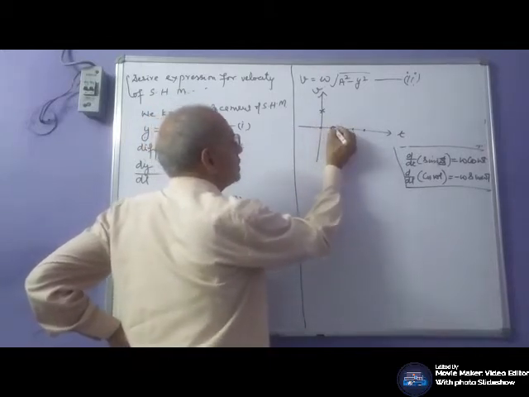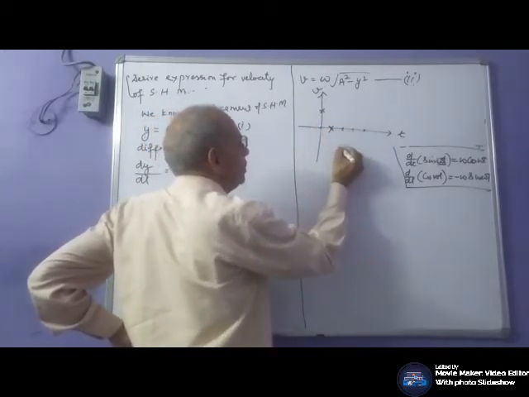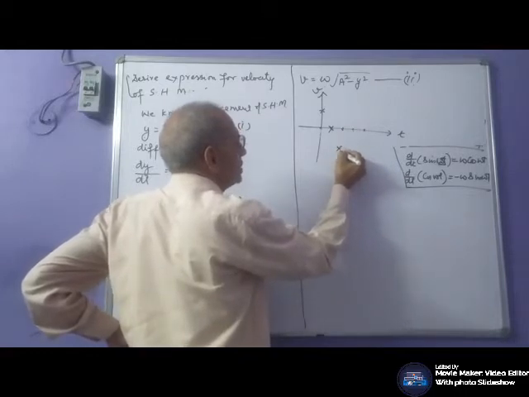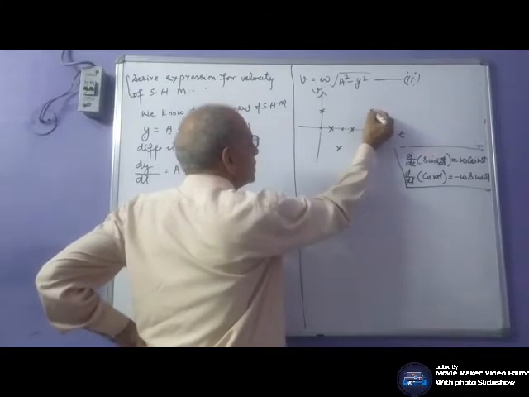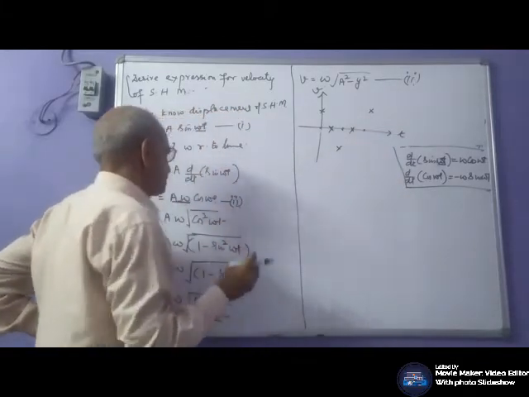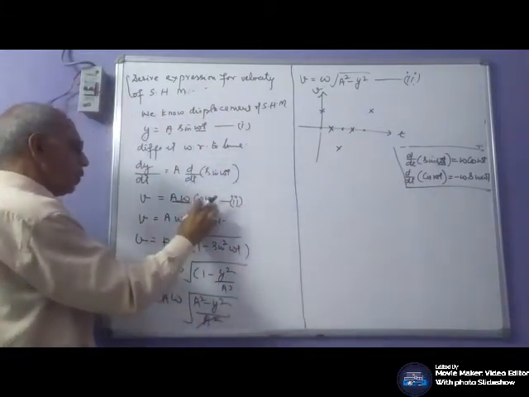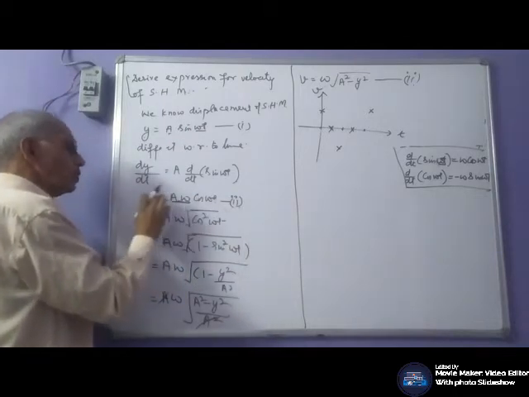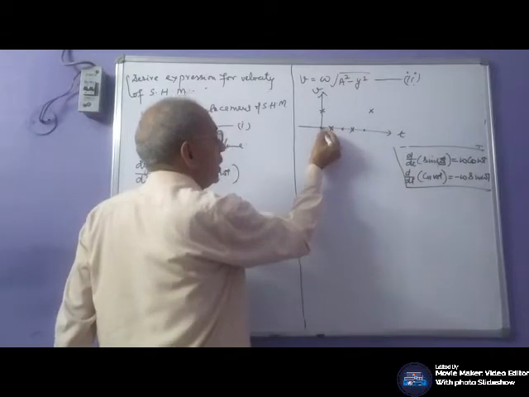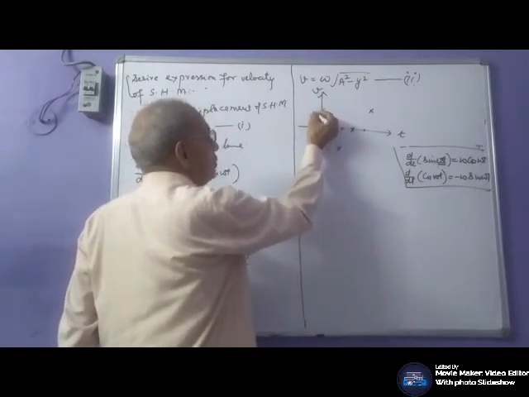This point is maximum, then 0, then maximum but in the opposite direction, then 0, then maximum. Again at time 0, cos 0 is 1, the velocity is A omega. So at 0 time, the velocity is maximum.